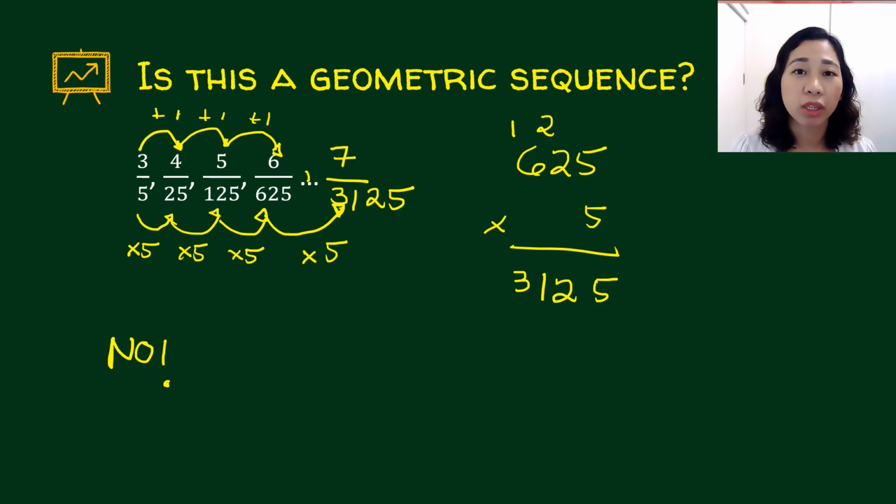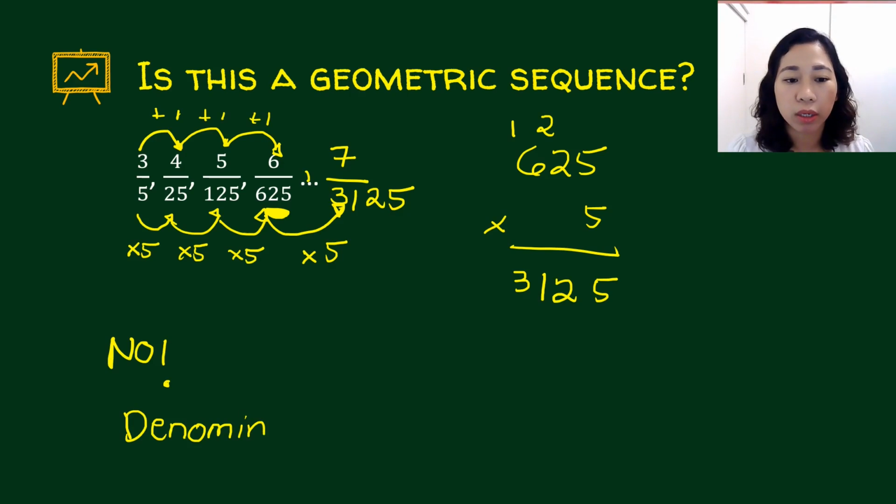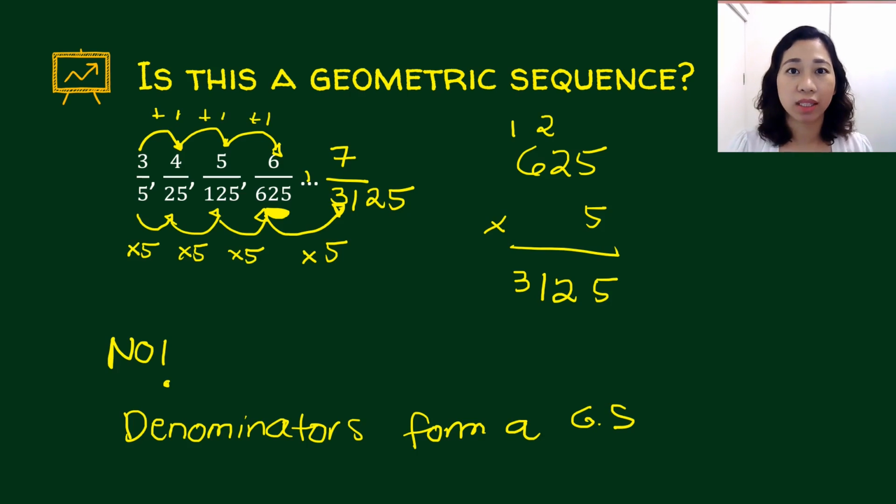Because remember, for a geometric sequence, in order to get the next term, you just have to multiply a term here by a constant ratio. Now, although this is not a geometric sequence, we have observed actually that only the denominators form a geometric sequence. Clear?